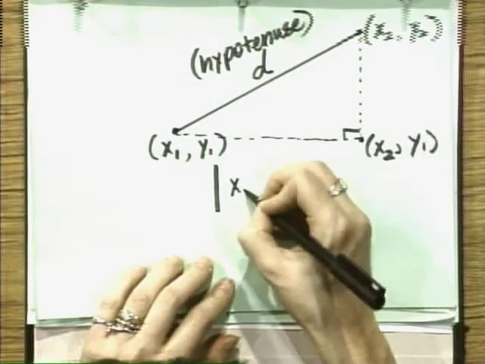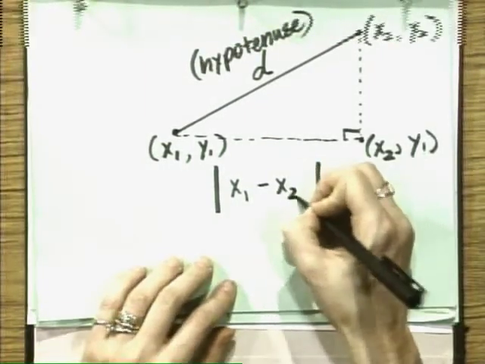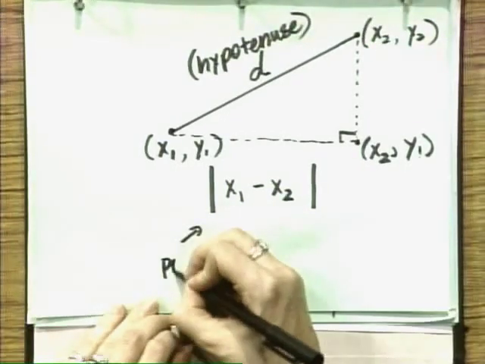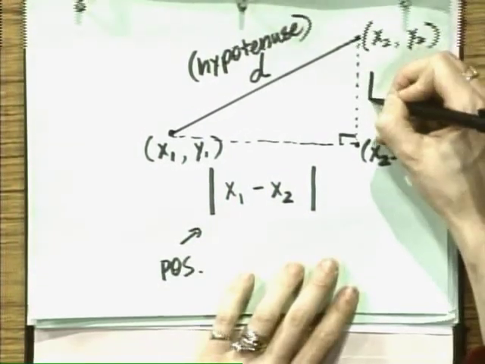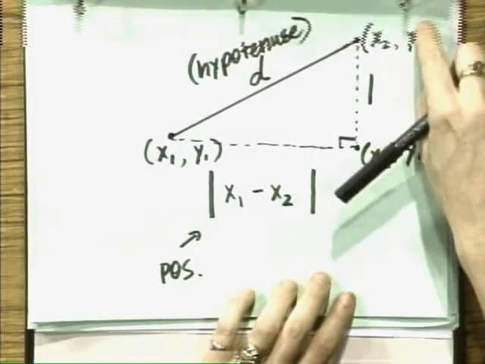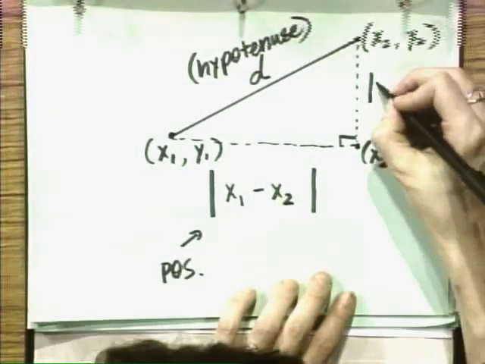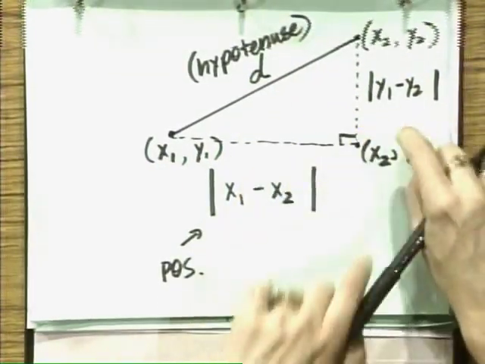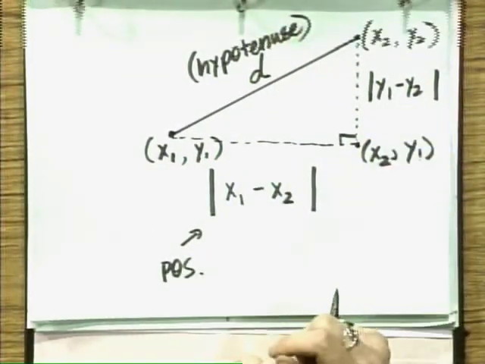So I'll just put x1 minus x2. And as long as I put absolute value, then I know this is going to be positive. And here we go, and let's do absolute value here. Now I need to find out my y's, so I'll do the same thing. y1 minus y2, this absolute value sign means a positive number, and that's what I want. Okay, and now we're going to create what's known as the distance formula.